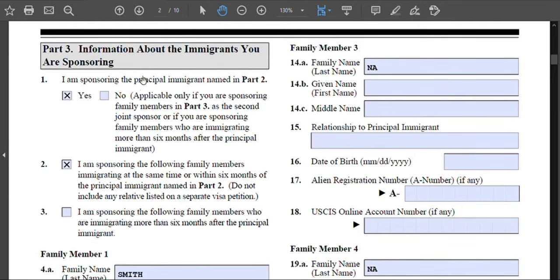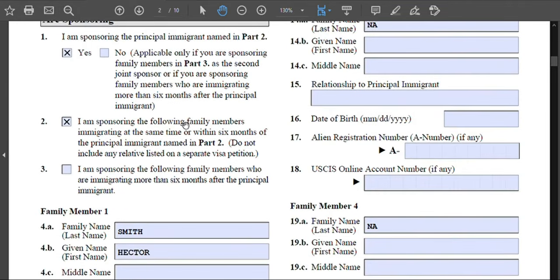I wouldn't even worry about this part because for the most part, very frequently you will only have to select this. And then if you are aware of any other derivative applicants that are immigrating with the primary immigrant, you will also then have to select either question 2 or 3.